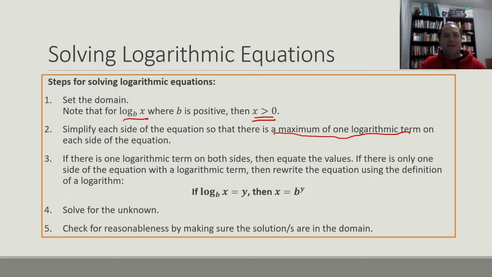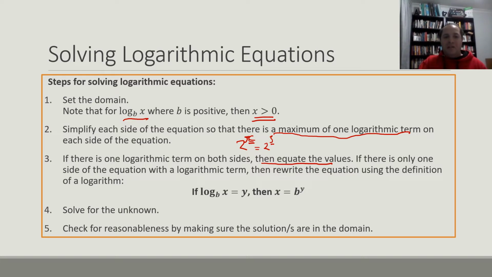Once we've done that, if there's one logarithmic term on both sides, then we can equate those values, in the same way that we could equate the values of 2^x equaling 2^3. We could just equate the powers and say x must equal 3. We can do the same thing with logs if there is one log term on both sides.